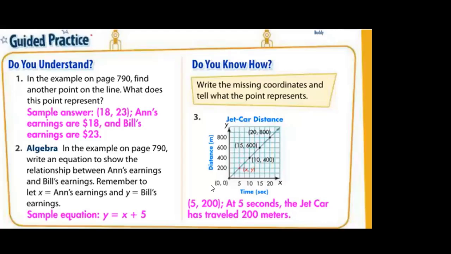Y represents Bill's earnings and X represents Ann's earnings. I'm trying to write the same relationship but in another form, another way to express the relationship, my dear.